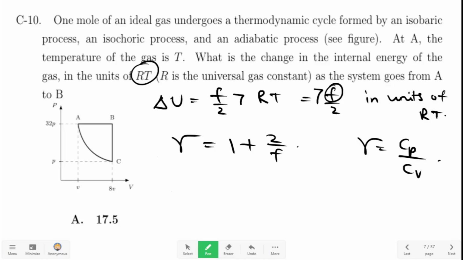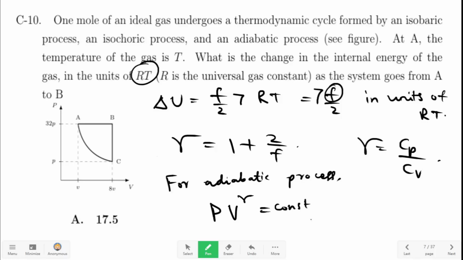Now for an adiabatic process of an ideal gas, PV raised to gamma is equal to constant. Therefore we can write PC VC raised to gamma is equal to PA VA raised to gamma, because this process from C to A is given to be adiabatic process.